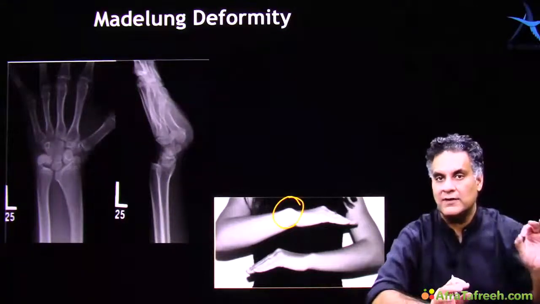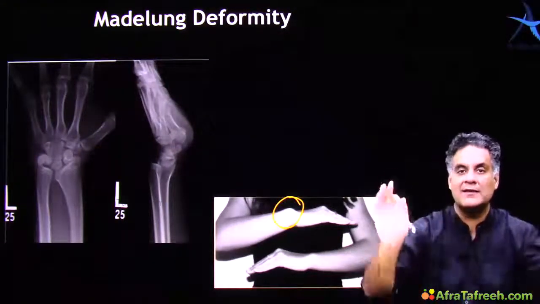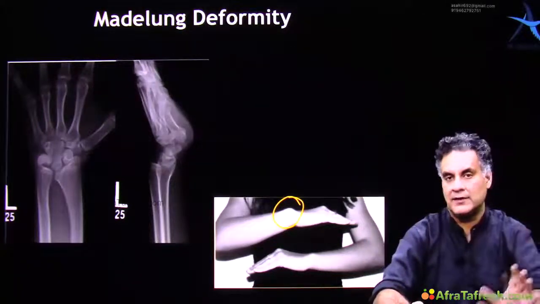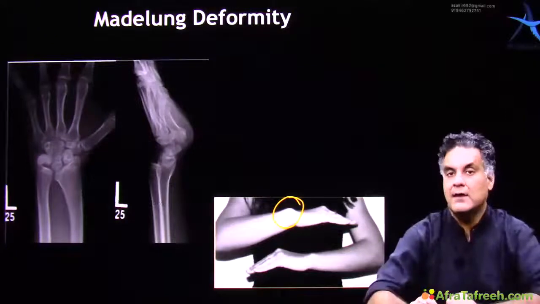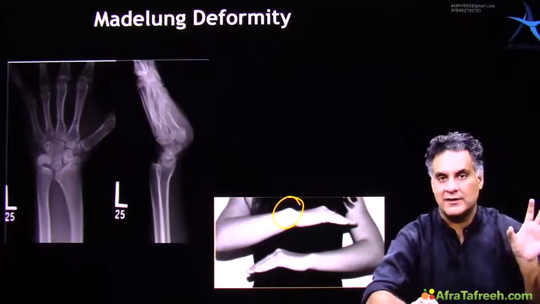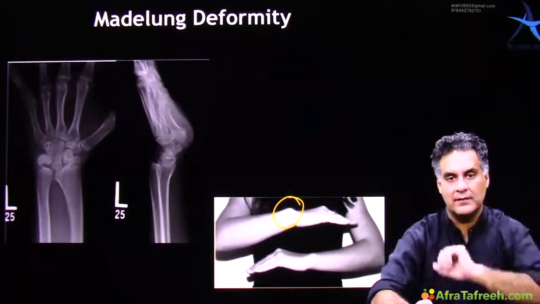It's more common in females, 50% is bilateral, associated with Turner syndrome, but the good thing is the functions are excellent. And my friends, remember one thing also, coming to last thing here, polio affects the lower limbs, and the common muscle affected is quadriceps, but if you have complete palsy, tibialis anterior.